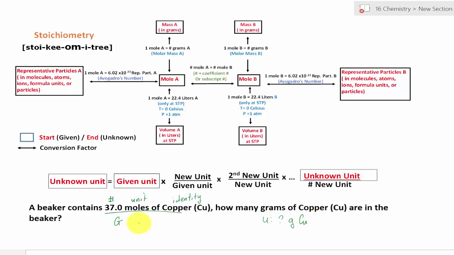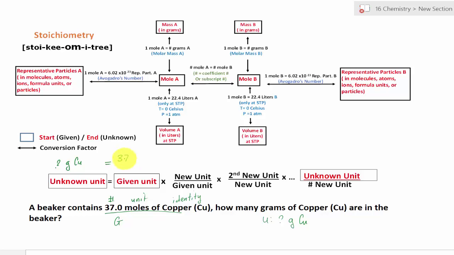So here we have our given. Let's go back to the systematic approach. We always start from our given, but before that we need to know where to stop, which is our unknown. So we have question mark grams of copper. That's what we want to solve for. But what are we given? We are given 37.0 moles of copper.